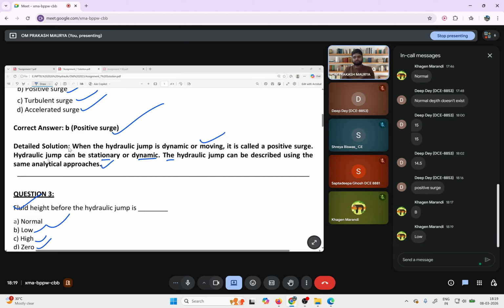Low, okay. Before the hydraulic jump it is low, and after the hydraulic jump it should be high. So you both are telling option B is correct, low.